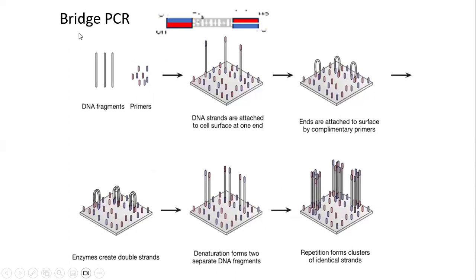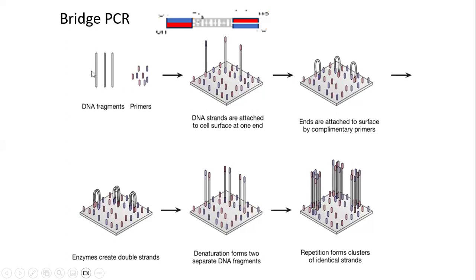Next we'll talk about the other method, which is known as bridge PCR. In bridge PCR, instead of bead-like structures, we have a chip, and the chip is divided into smaller portions known as cells.